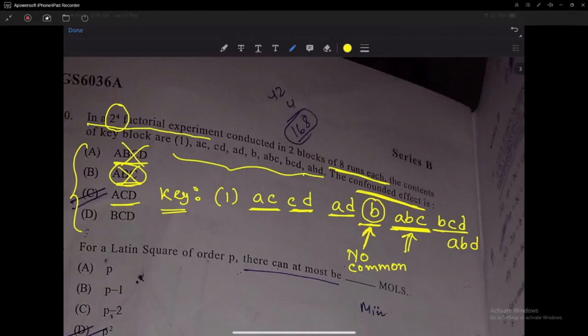For BCD we have an even number of common members, and for ABD we also have an even number of common members. So ACD and ABD have an even number of common members, and those members are basically A and D. So obviously ACD satisfies all the conditions. That's the manual checking procedure. You need not calculate anything. So obviously ACD will be the correct option.